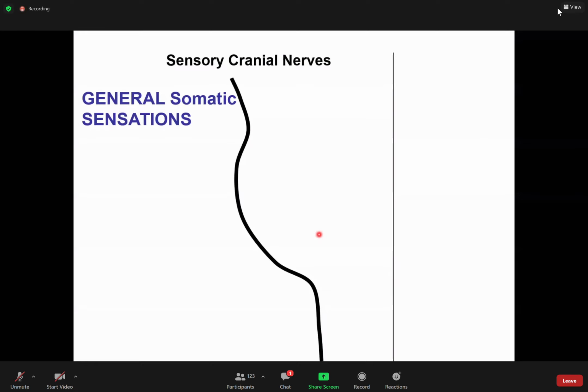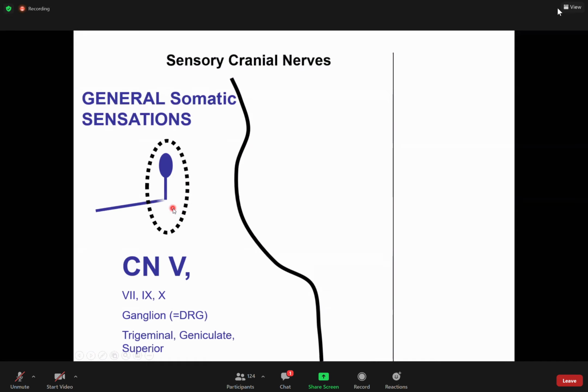So similar to that, in the head and neck region, the pain and temperature and the general sensations from the head and neck region usually go to a ganglion which is lying outside the central nervous system. These general sensations from the head and neck region mostly go to one of the ganglia of the trigeminal nerve, and this ganglion is called the trigeminal ganglion.